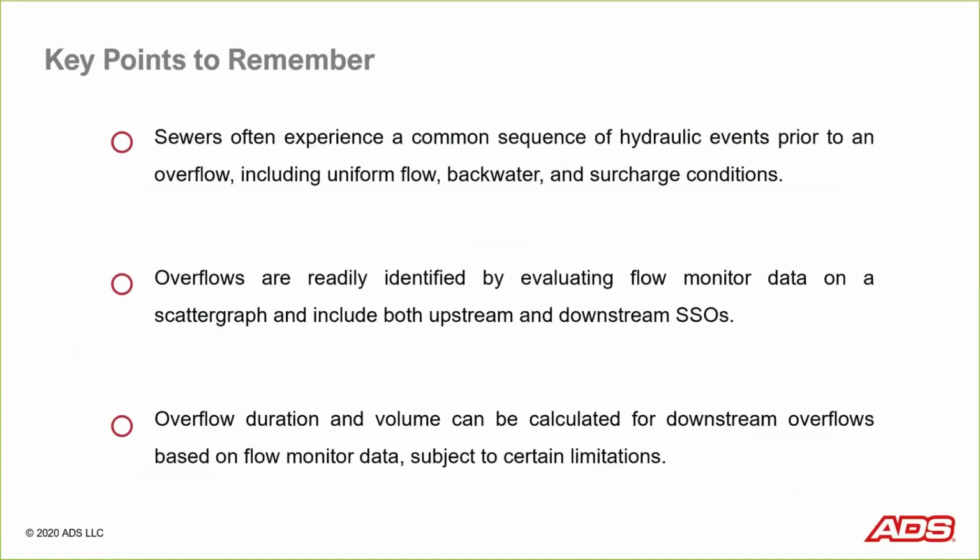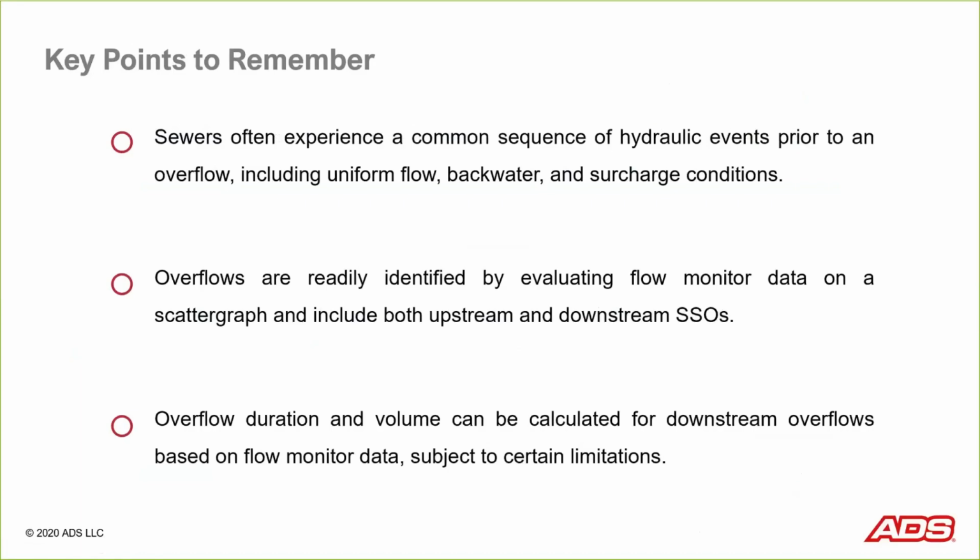So a few key points to remember regarding scattergraphs and SSOs and CSOs. One is that sewers often experience a common sequence of hydraulic events prior to an overflow. So these include uniform flow, backwater, and surcharge conditions. And I think by now you guys are pros at identifying those conditions on a scattergraph. From there, overflows are readily identified by evaluating flow monitor data on a scattergraph.